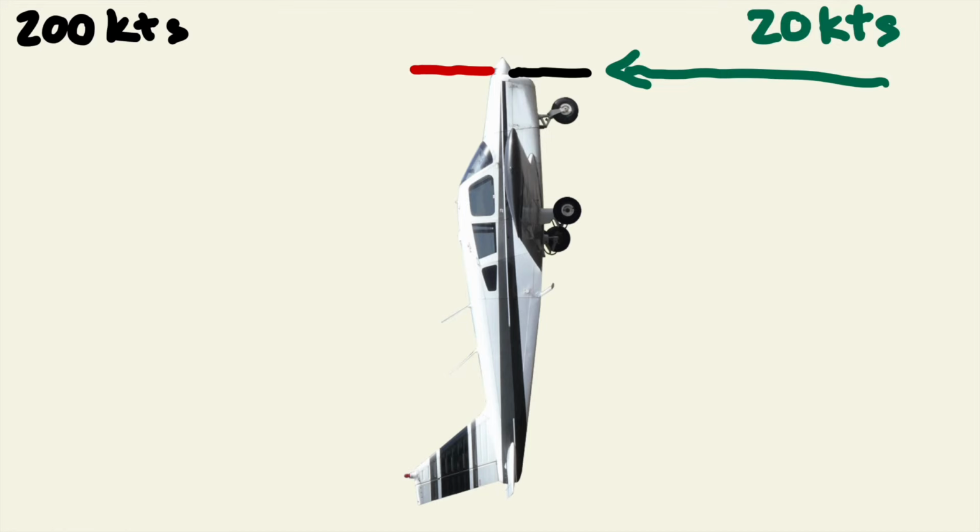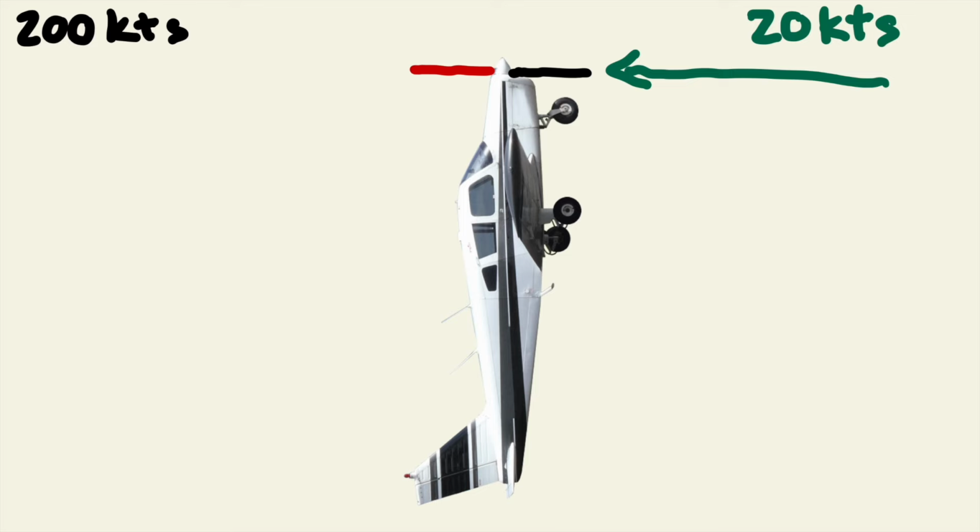So again, relative wind 20 knots, both propeller blades are moving at 200 knots. If you really want to break down the math on this, you can really get into the weeds about it, but this is just an oversimplification.